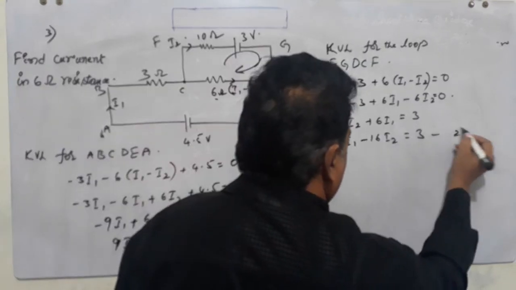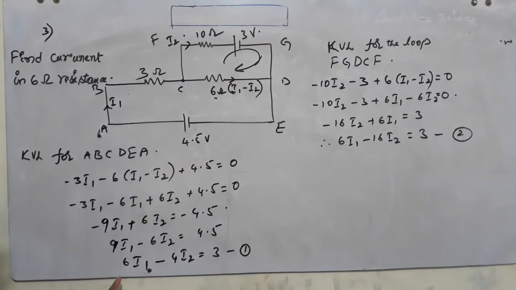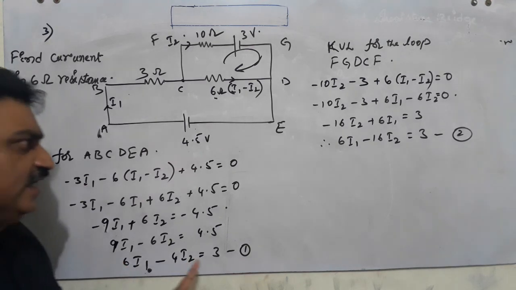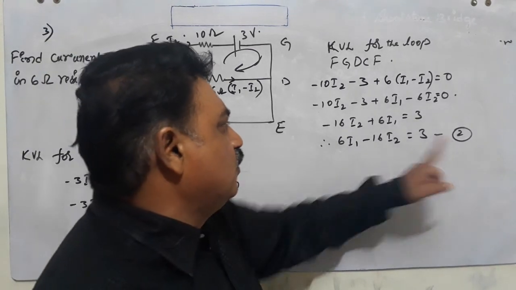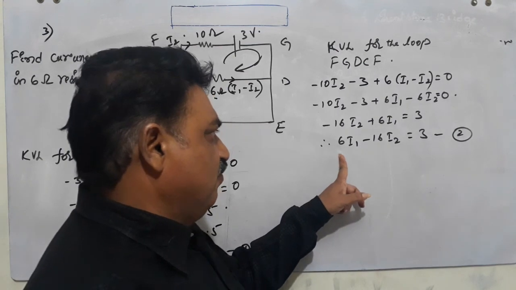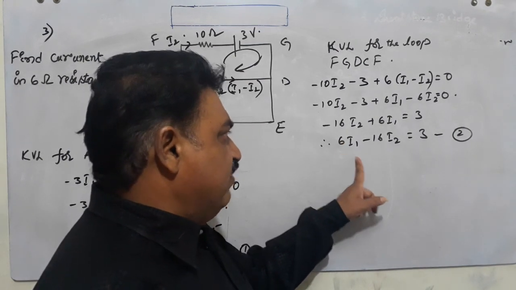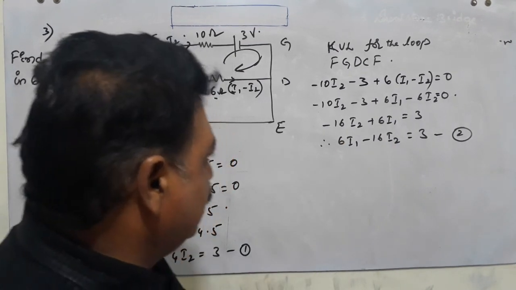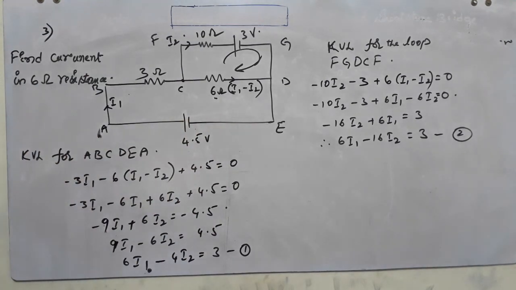This is equation 2. See, equation 1 is linear with the two variables I1 and I2, and equation 2 is also a linear equation with the two variables I1 and I2, so that you can solve this.